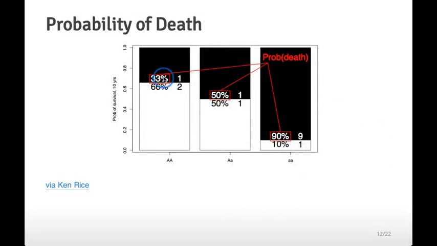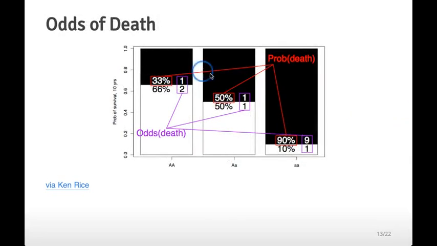The top number here is the probability of death, so the probability that you won't survive. The odds of death is just the ratio of the probability that you're going to die to the probability that you're going to survive. In this case, the probability that you're going to die is 33%, the probability that you're going to survive is 66%, and that reduces to a fraction 1 over 2.